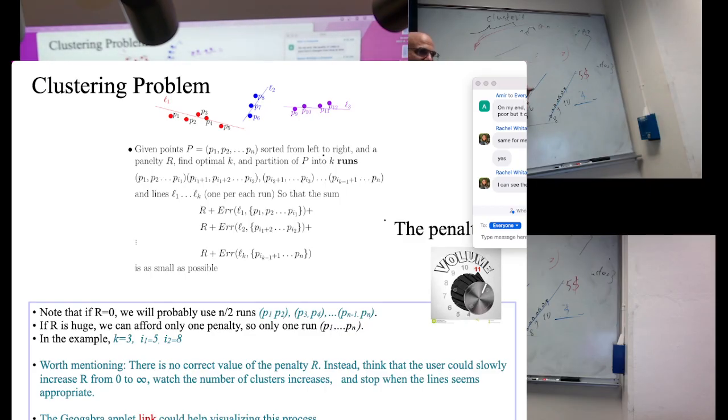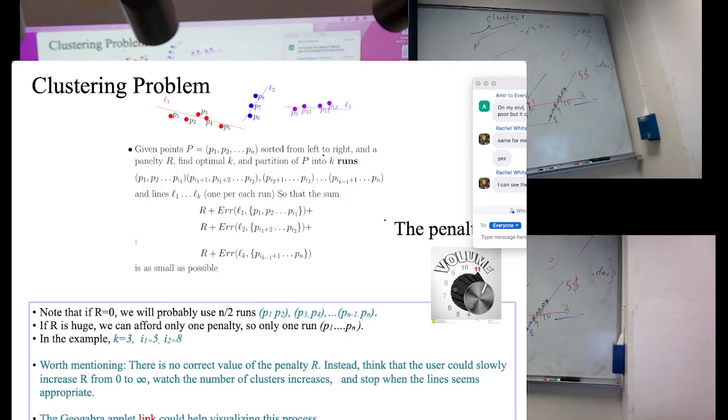If I just break it into two clusters, two runs, no matter where I break it, let's say I'll break it into three and everything else over here, then now I need to find one line that will fit all these points. It will go maybe here, and then I need to pay tons of penalty. So I paid only 2 times R because there are only 2 clusters, but the sum of errors in this expression suddenly is much larger.